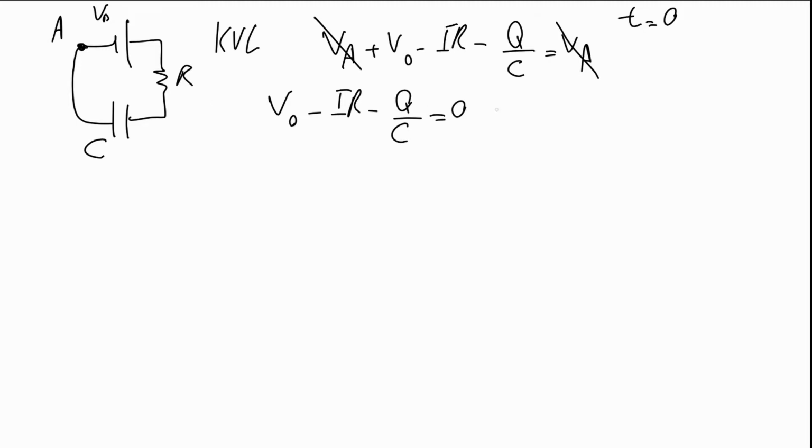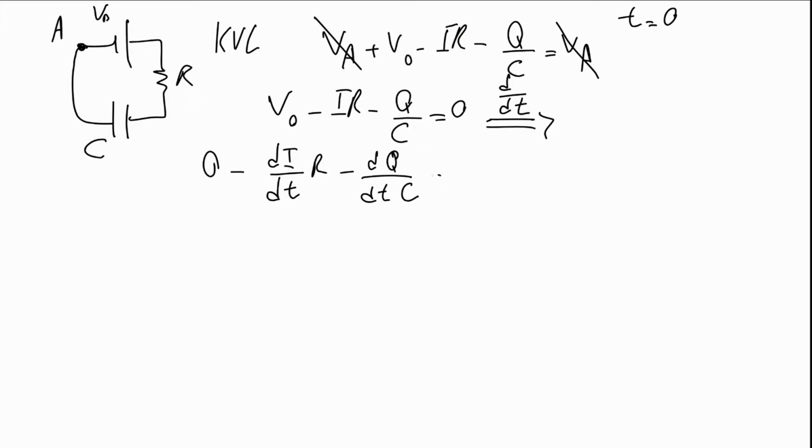Now we differentiate both sides with respect to time. We know that V0 here is a constant, so the differentiation of it with respect to time is 0. So 0 minus dI/dt times R minus dQ/dt multiplied by 1/C.